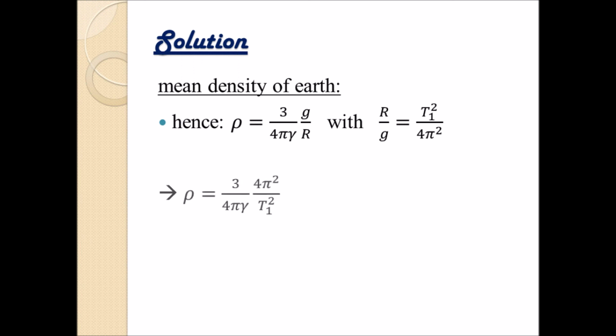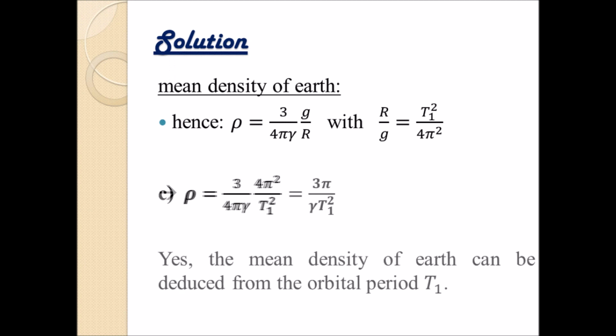And what we get is that rho equals 3 divided by 4 pi gamma multiplied with 4 pi squared divided by T1 squared. And after simplification, we get that rho equals 3 pi divided by gamma T1 squared.